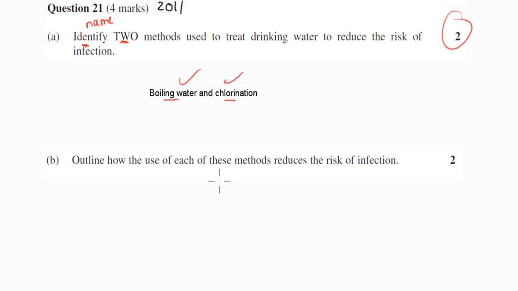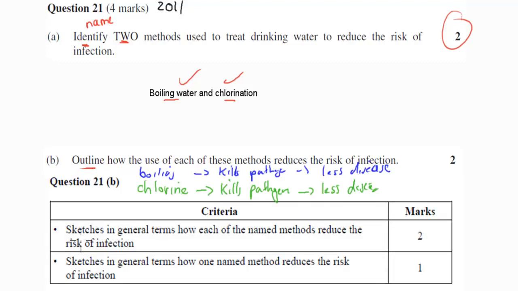And the next one is outline how the use of each of these methods reduces the risk of infection, right? So in this case, you have to outline, so not just say that they reduce the risk of infection, but how. And the marking guideline says sketch in general terms, so you can be quite vague, how each of the named methods reduces the risk of infection.